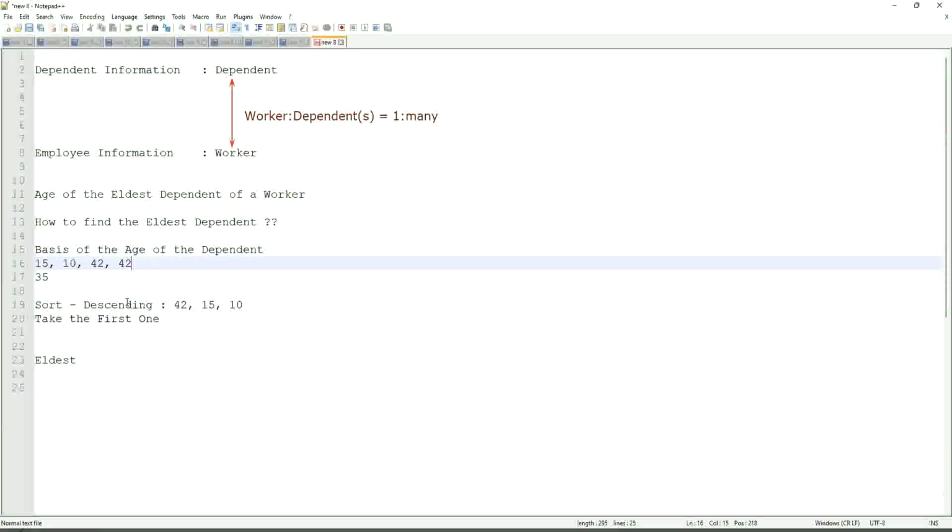Okay. But in this case, let's say, even if you have more numbers like 42, 43, 75, 82, and so on. If one worker has so many dependents, which these are their ages, will our logic that we have defined is absolutely bulletproof.